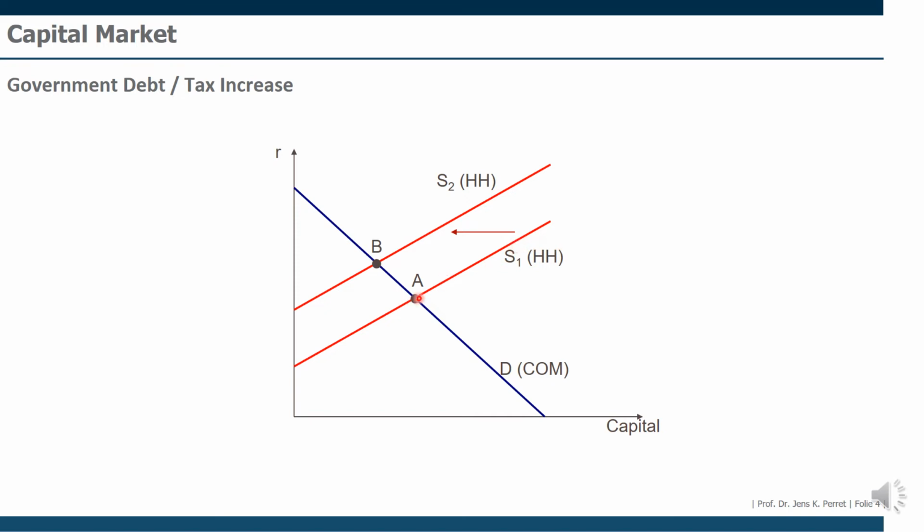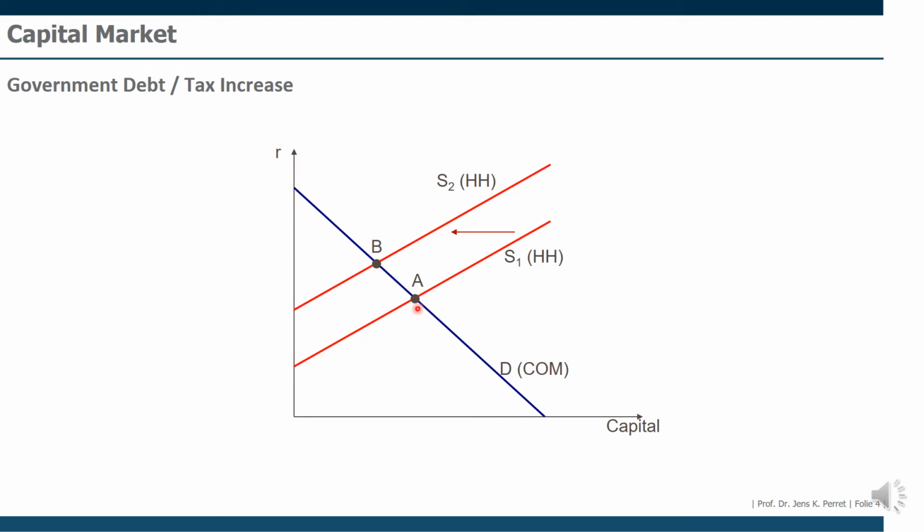So the tax increase will also lead to a higher interest rate. So that's the main idea, how we can discuss the effects of government debt or taxes or tax changes in the context of our simple model of the capital market.